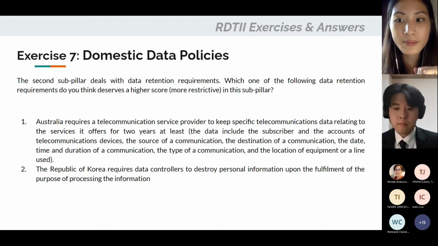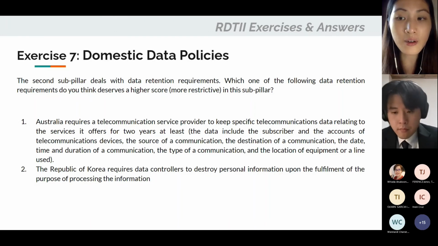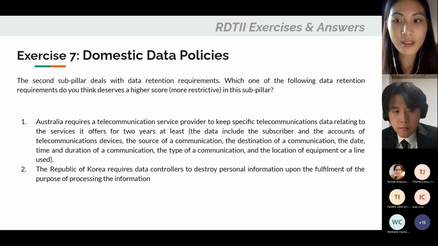For the IP here, we cover only patents and copyright, but UNCTAD covers more types of intellectual property. But if you ask about patents and copyright, yes, they overlap.